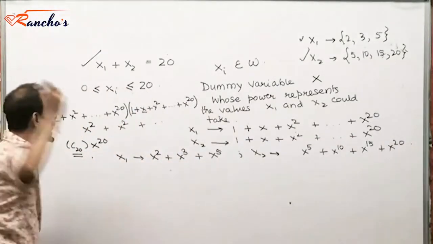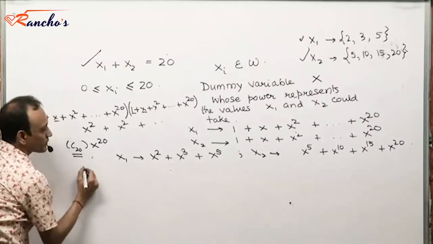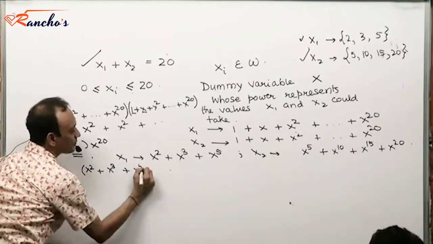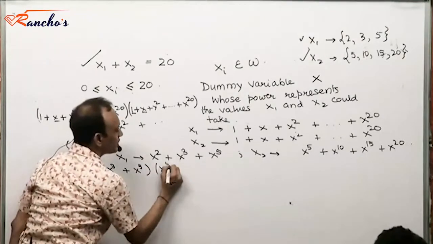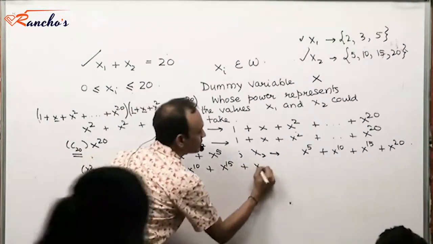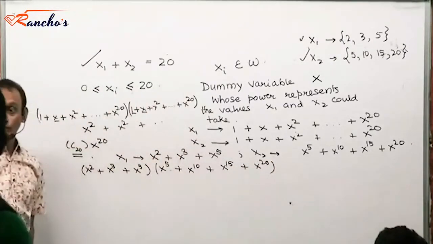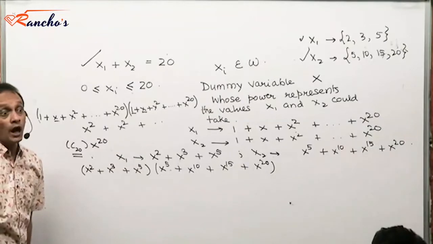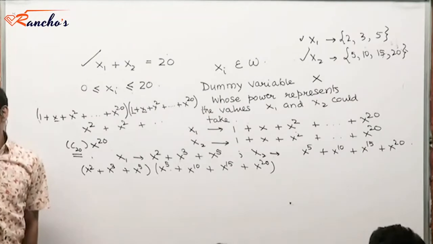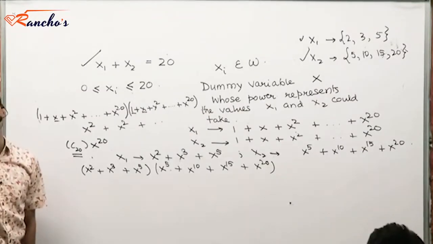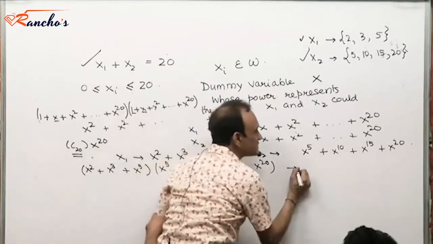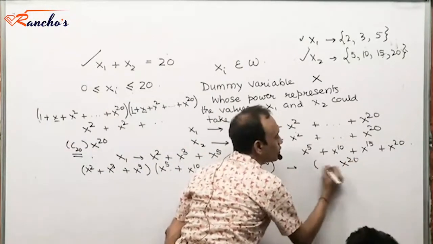Right? So now I look at x square plus x cube plus x power 5, into x power 5 plus x power 10 plus x power 15 plus x power 20. Now what am I interested in? I'm interested in only those terms that feature x power 20, because in those terms the powers of x1 and x2 add up to 20. So what I'm interested in is x power 20 and its coefficient.